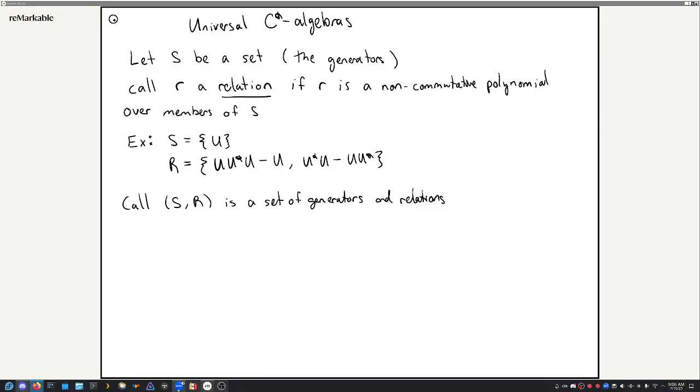For our C-star algebra, which we haven't yet constructed. But if we have a pair of generators and relations, we can think about representing them in a C-star algebra.